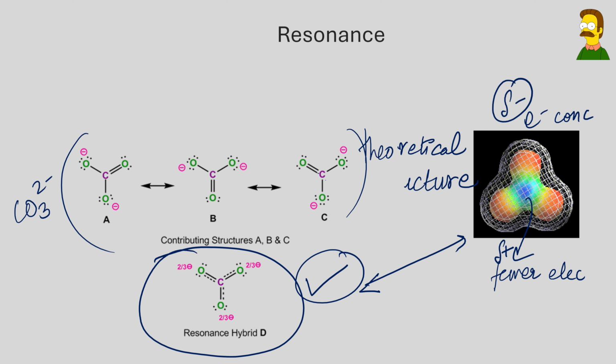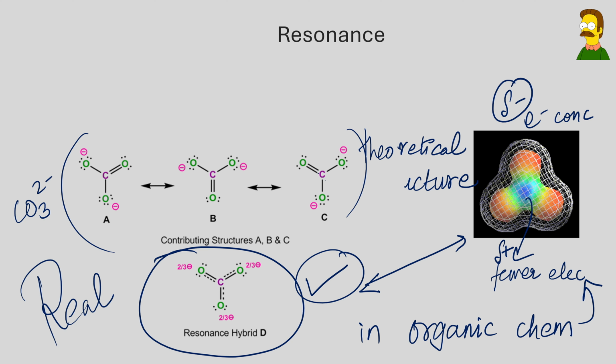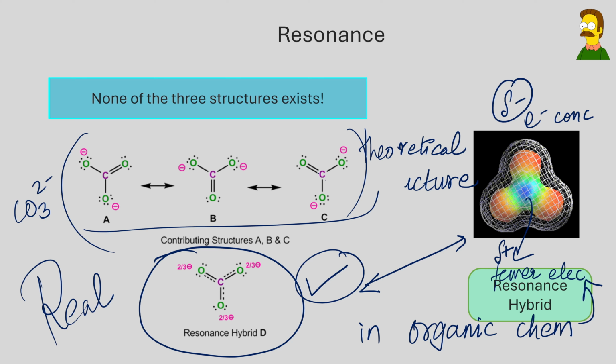In organic chemistry, you will see a lot of such diagrams. They help you see what happens in real life. So this resonance hybrid is real, whereas these things don't exist. None of these 3 structures really exist, but the actual thing is a resonance hybrid.